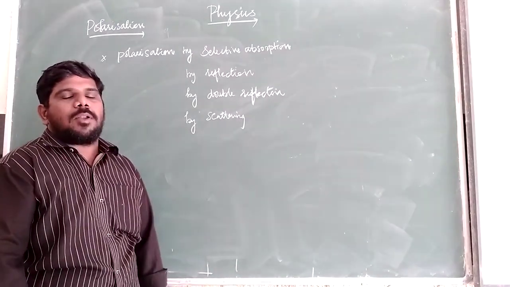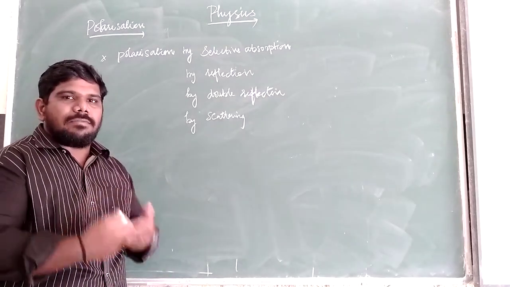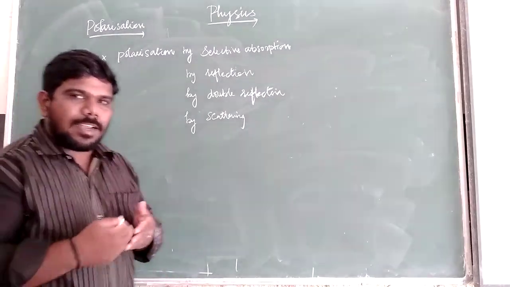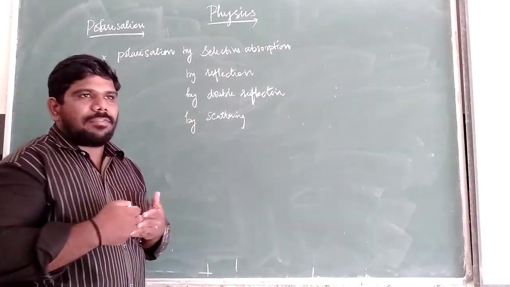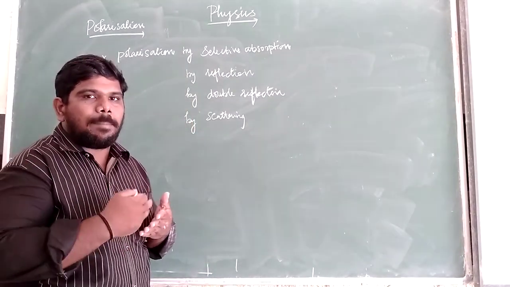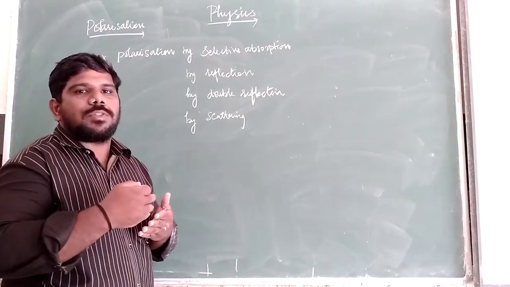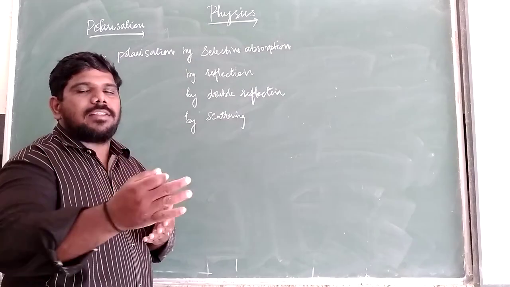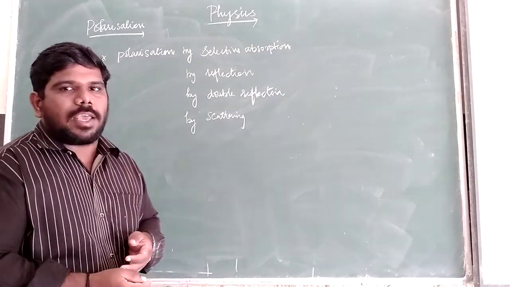Selective absorption is the property of a material which transmits the waves in which the electric field vibrations are parallel to a certain direction, and the other waves are absorbed.